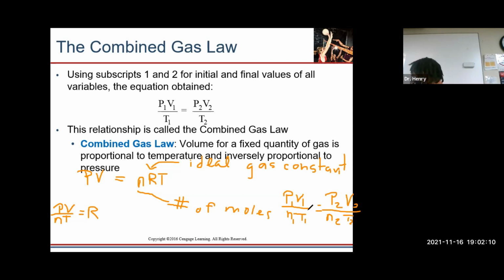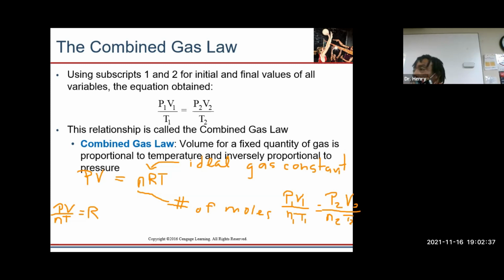If I have constant pressure and number of moles, then I'm left with just Charles's law. So from the ideal gas law, we can get all of the other laws. Basically everybody contributed and they made up the ideal gas law at the end of the day.